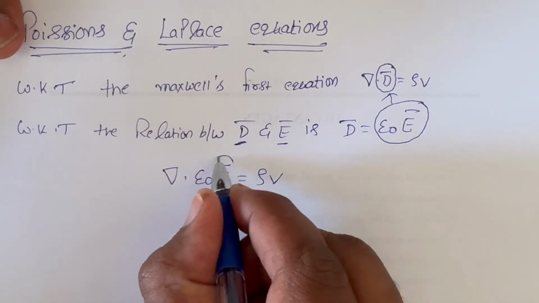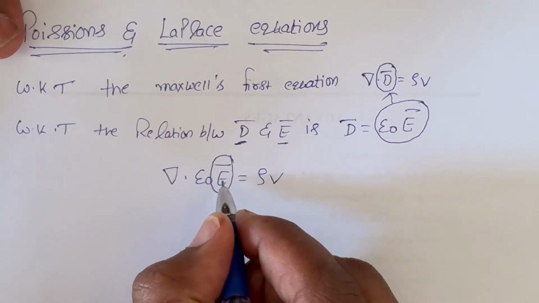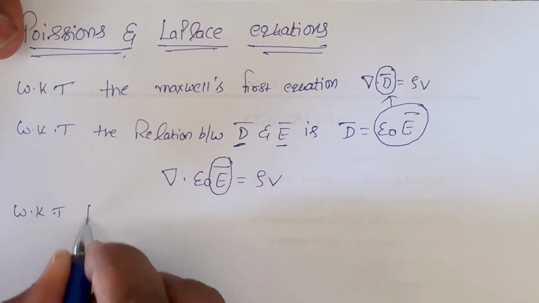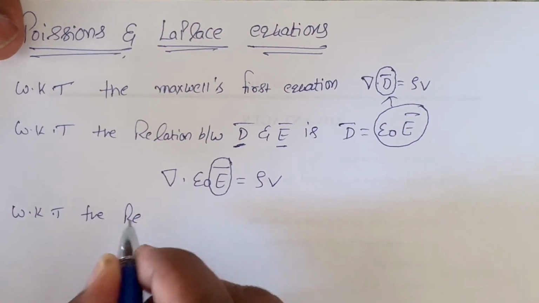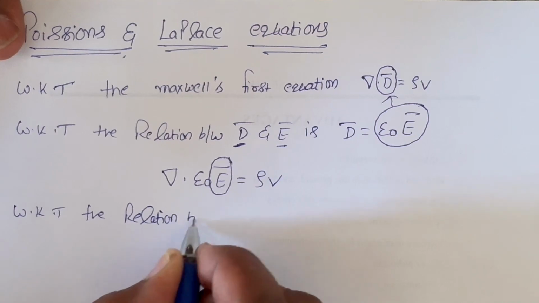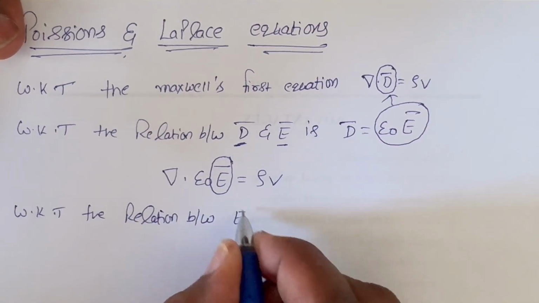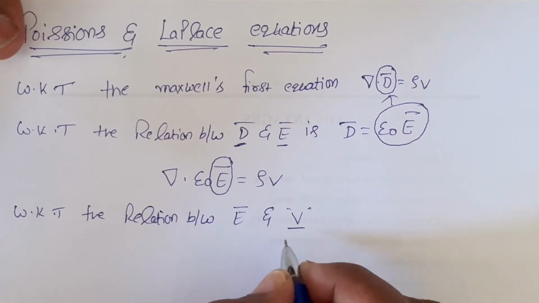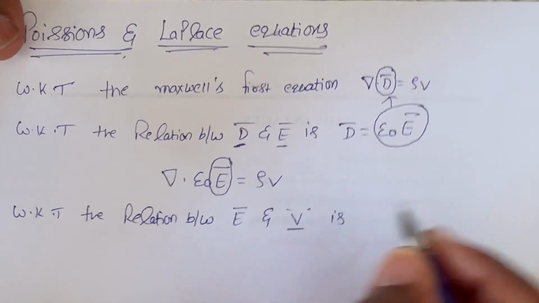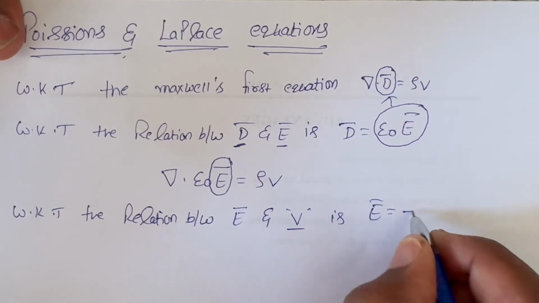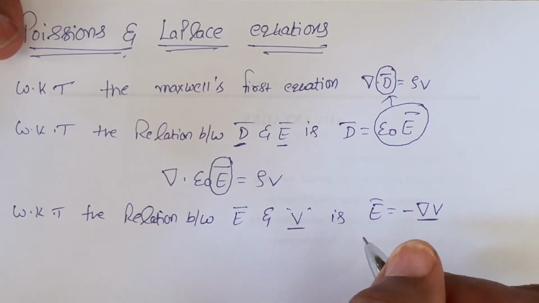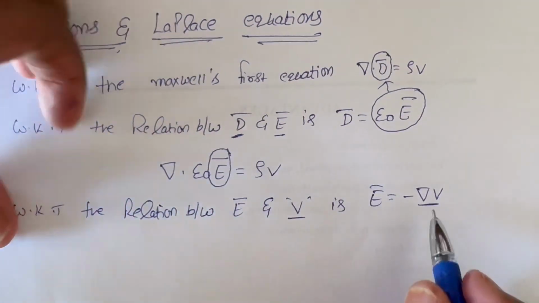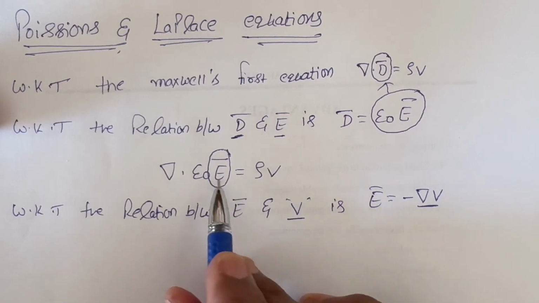Now I am making one more substitution instead of E bar. That is, we know the relation between E bar, the electric field intensity, and electric potential V is E bar equal to minus del V. It is the relation between E bar and V. Now I am substituting this minus del V here.